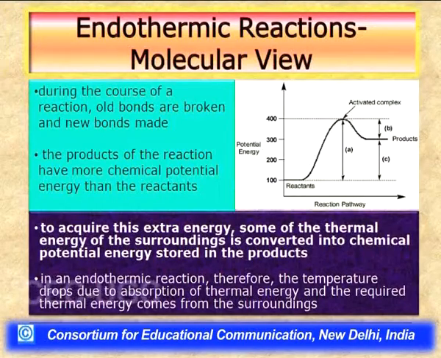Now, having said this, let us switch our attention once again to the enthalpy change for a reaction. The enthalpy of a reaction is basically the difference between the sum of molar enthalpies of products and the molar enthalpies of the reactants.